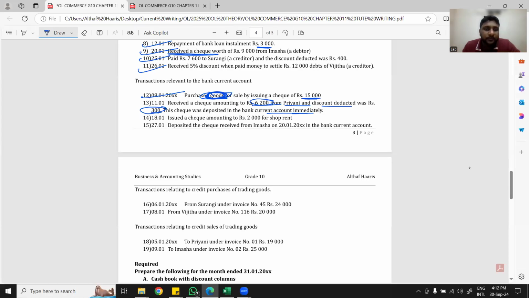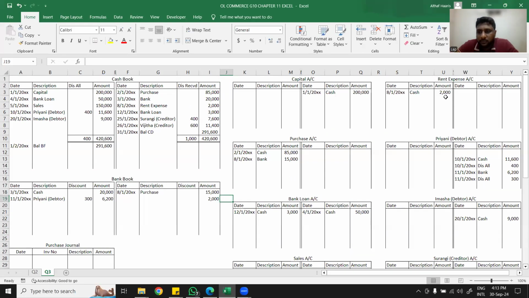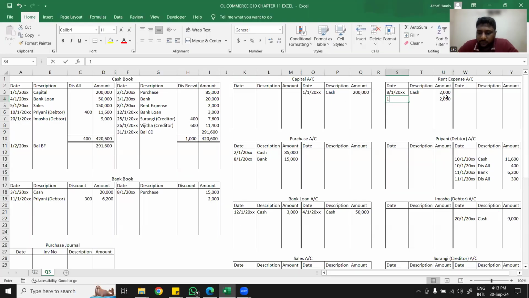Next up. A 2,000 check was issued for the rent. That means you are making the payment through the bank. Rent is an expense. Rent account debit, bank account credit, 2,000. What's the date? 18.